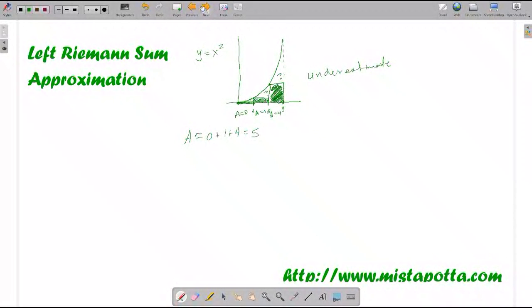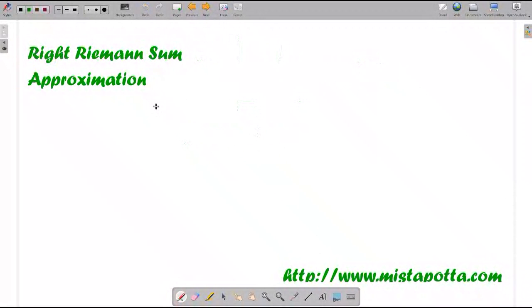Maybe I want to do my rectangles using a right Riemann sum. So looking at the exact same function, y equals x squared, on my exact same domain from 0 to 3, but instead looking at the right endpoints instead of the left endpoints.